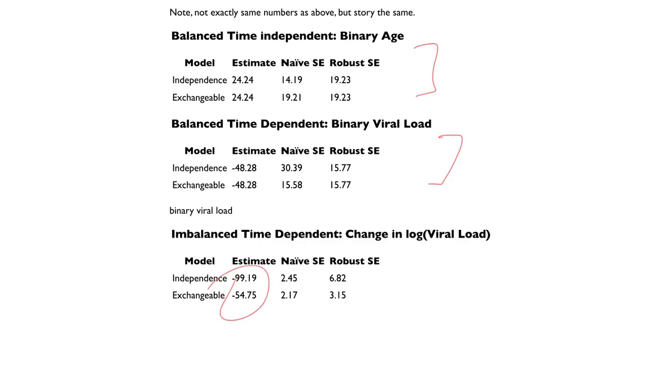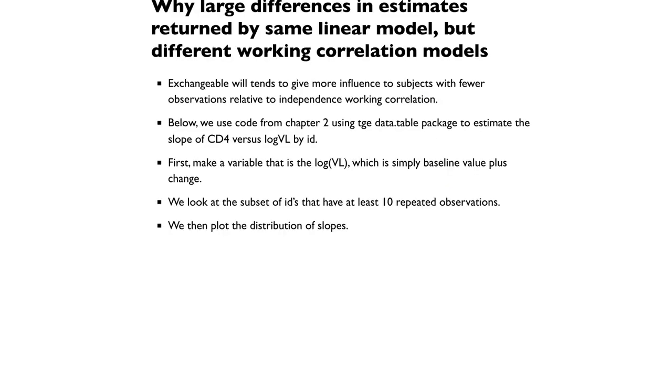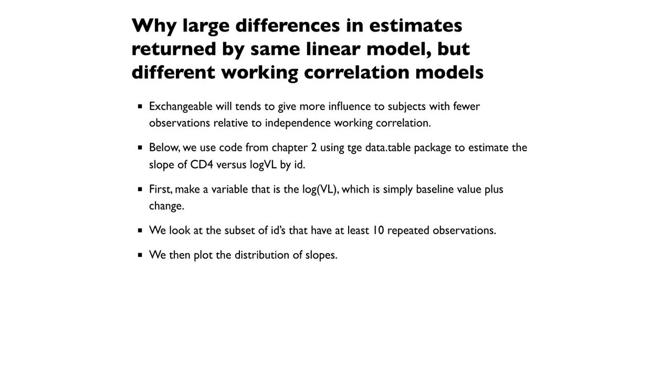So let's try to get a sense of what exchangeable is getting closer to, so that we can mimic it in some way. That was my idea to go through this. I know from what I'm going to show you later that what exchangeable does is compress the relative amount of information subjects provide to the regression coefficients.